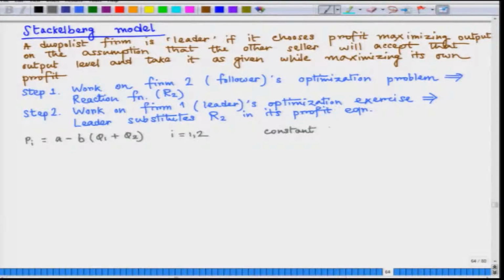Now, I assume my cost structure is such that it gives rise to a constant marginal cost, denoted by C. Okay.